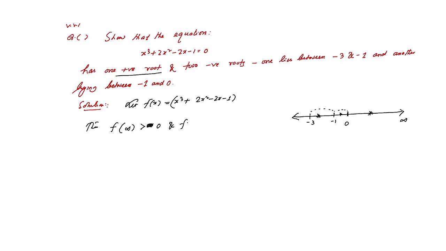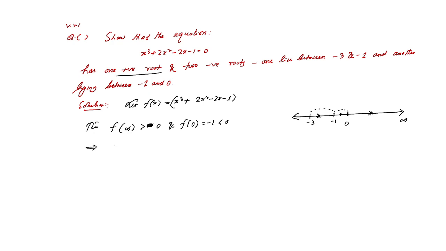And you take f of 0, this is basically -1, less than 0. So here f(alpha), where alpha is however large, is greater than 0, and f(0) is negative. That means the product is less than 0.